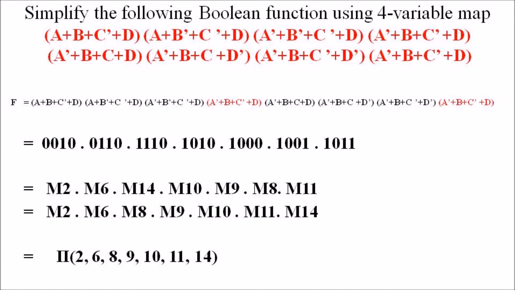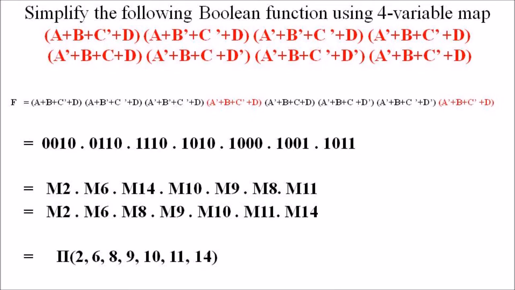A' + B' + C' + D can be represented as 1, 1, 1, 0. The fourth term, A' + B + C' + D, can be represented as 1, 0, 1, 0. The fifth term, A' + B + C + D, can be represented as 1, 0, 0, 0. A' + B + C + D' can be represented as 1, 0, 0, 1. And finally, A' + B + C' + D' can be represented as 1, 0, 1, 1.